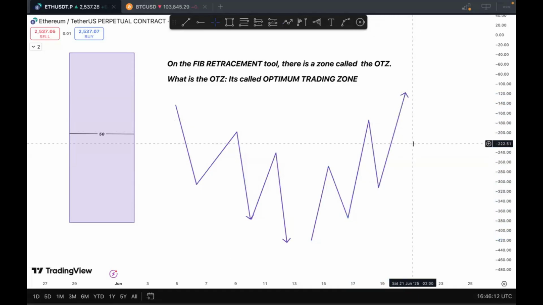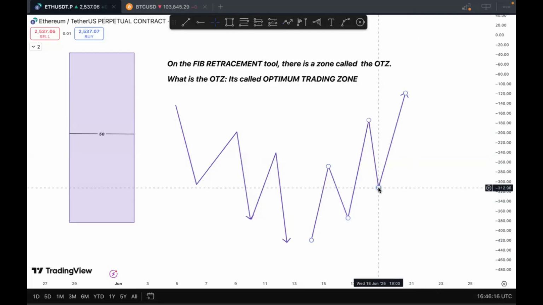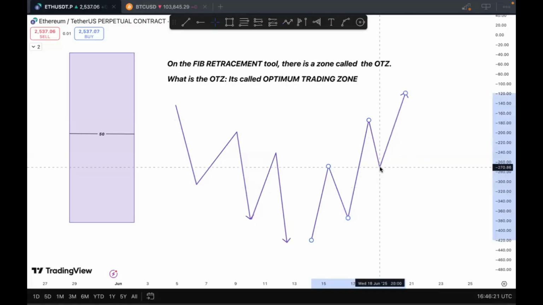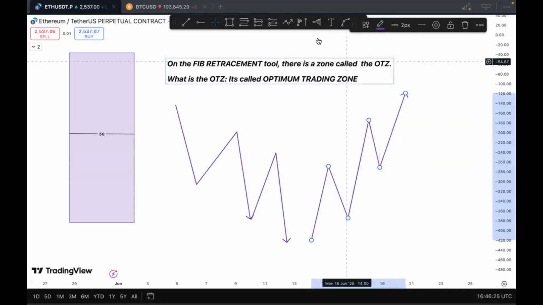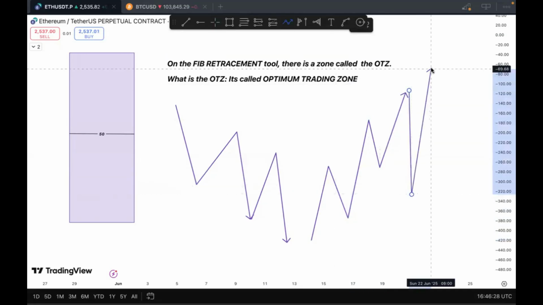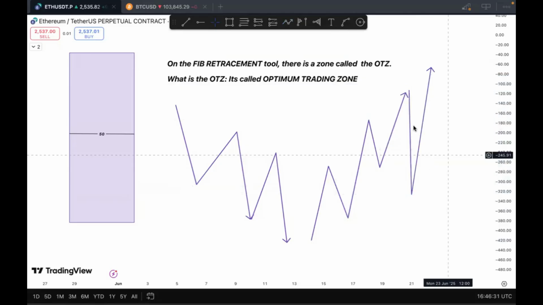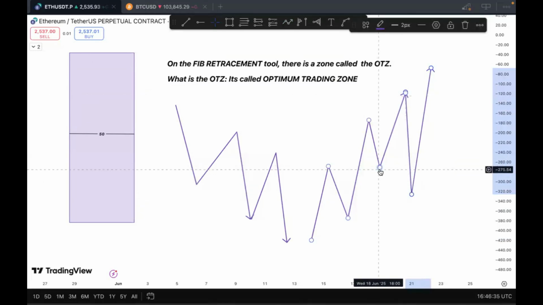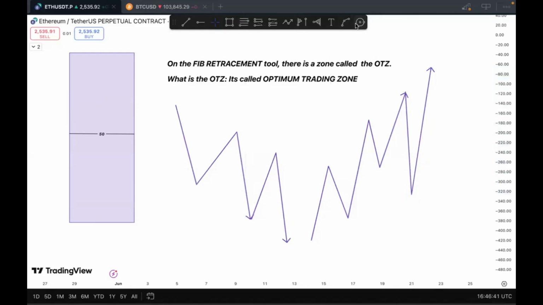Okay, good. Sometimes it might not get to the optimal trading zone. It might form liquidity above the optimum trading zone for a buy and then come back to that optimal trading zone and then boom. Do you see this? So sometimes it creates liquidity above the optimal trading zone for a buy and then comes back, boom.